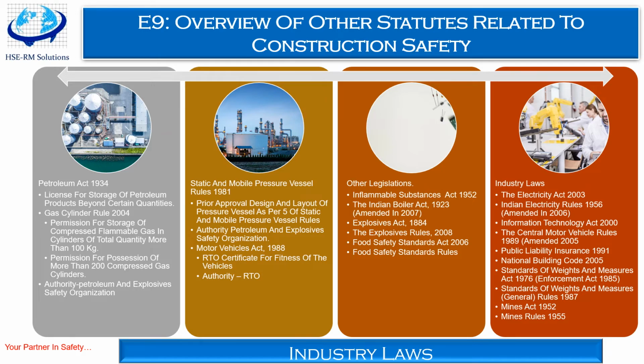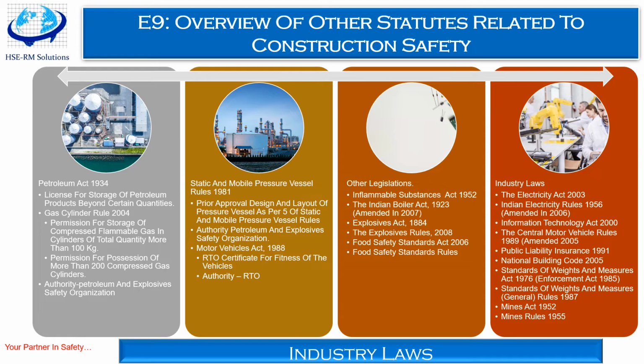Now, the National Building Code 2005 gives specifications of all types of buildings. Standards of Weights and Measures regulate measuring devices. Standards of weights and measures for environment come under the enforcement provisions of the Act. Not only this, land acquisition, mines, and all other rules are there.